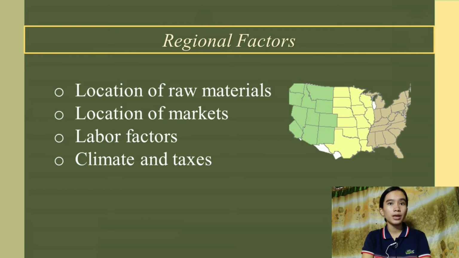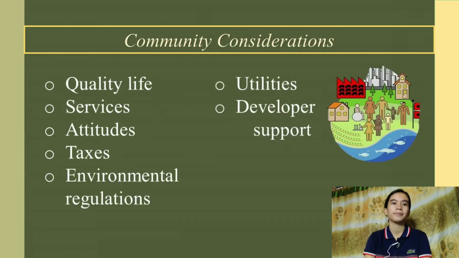So companies first assess the location of raw materials as well as the location of markets para maging efficient and effective yung processes ng company. They also consider labor factors and of course climate and taxes in the place, which are essential for the better understanding of the new environment they will operate and go through.